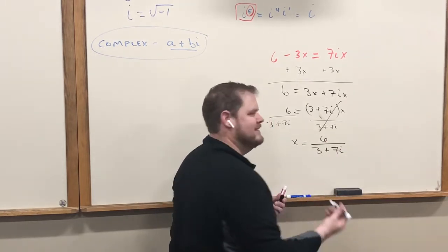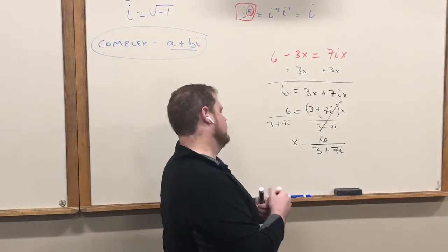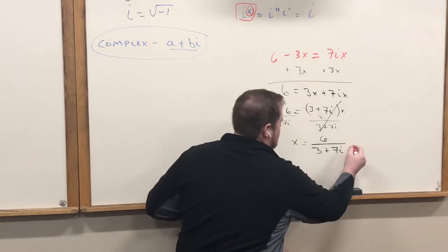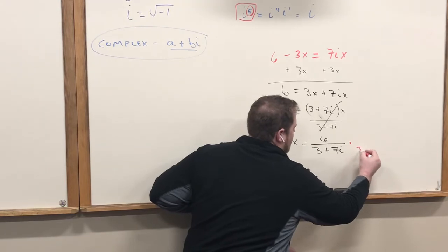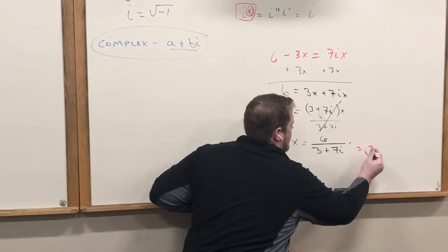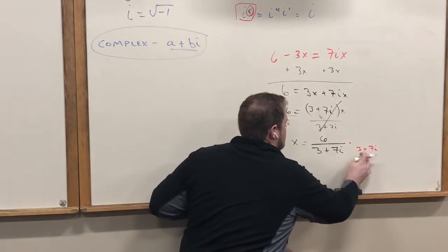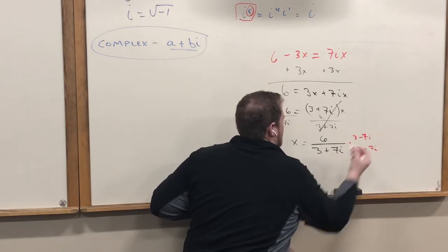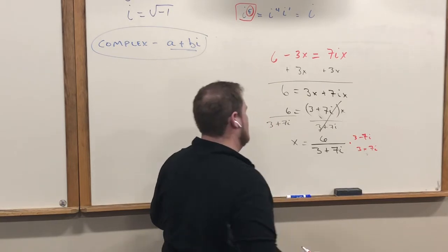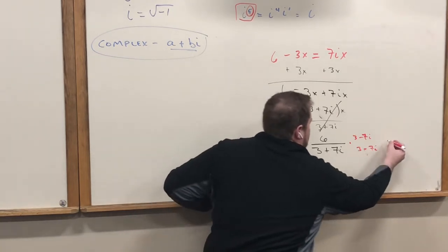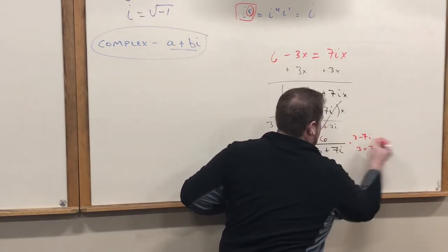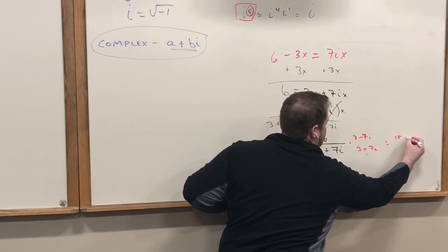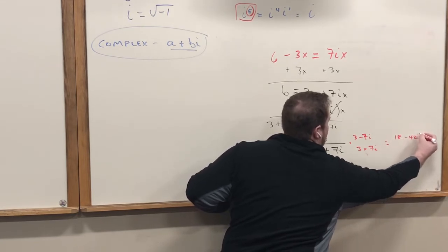Now, that's not finished, and in order to finish the problem, you have to bring this in from the bottom up. And in order to bring it up, you need to do subtraction, the opposite. So when you do that, what are you left with? The top is obviously going to be 6 times 3, which is 18, minus 42i, correct?